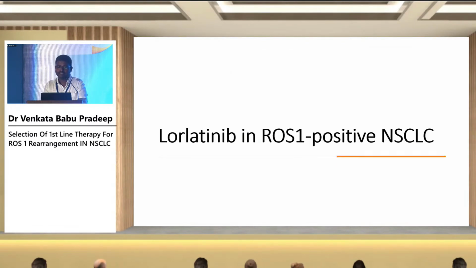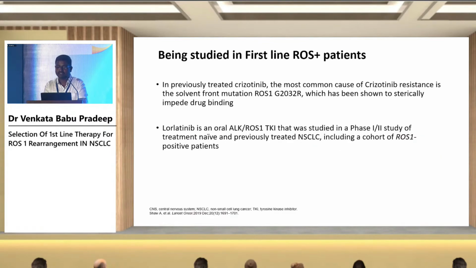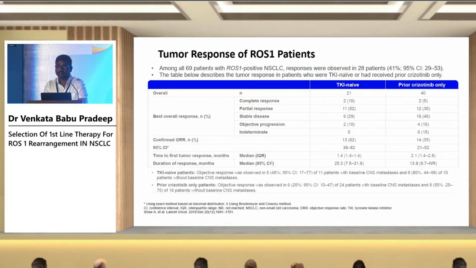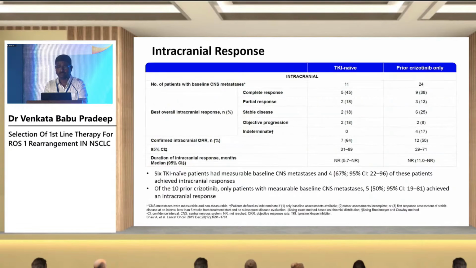Coming to lorlatinib, it is not approved in the first line for ROS1 patients, but for ALK resistance, ROS1 G2032R is the known mutation after treatment with TKIs in this subset of population. There is a subset of 12 patients, TKI-naive as well as crizotinib-exposed, who were treated with lorlatinib.